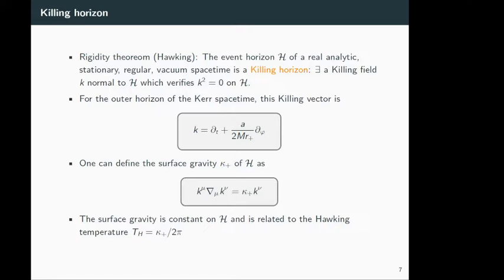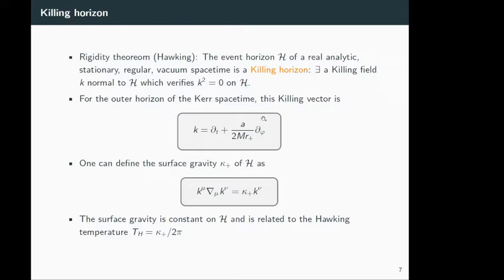Another interesting property of this Kerr solution is that the event horizon that we just discussed is actually a Killing horizon, meaning that there exists a Killing field which is normal to the horizon and null on it. And it's exactly this Killing field right here. This component, proportional to d phi, is sometimes interpreted as the angular velocity of the horizon.